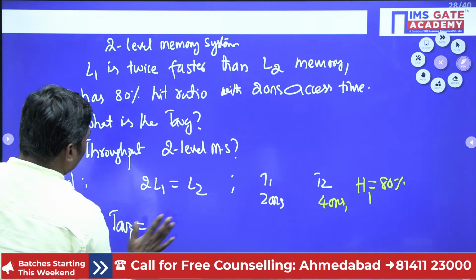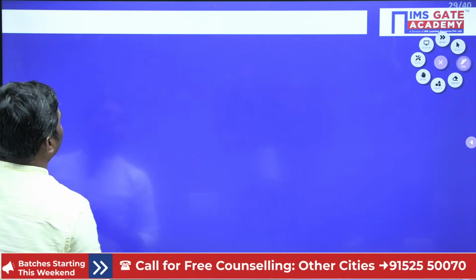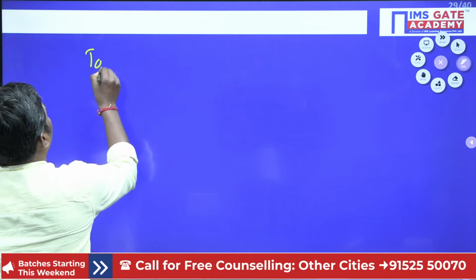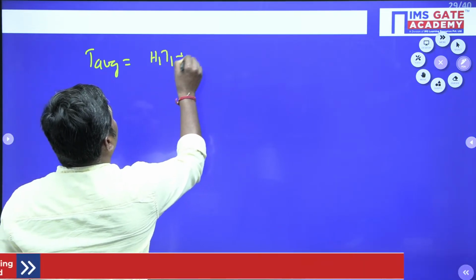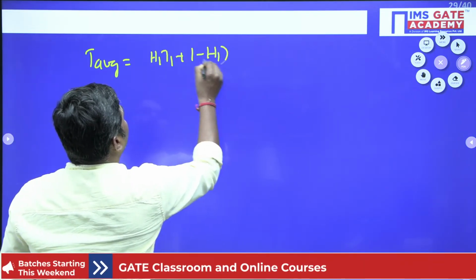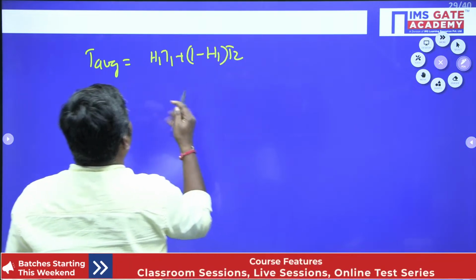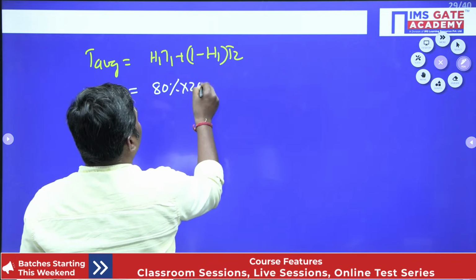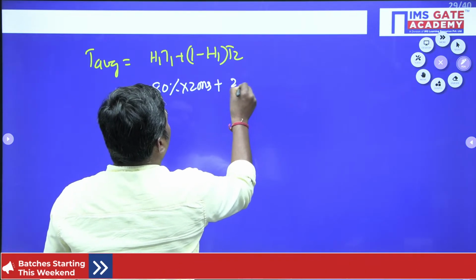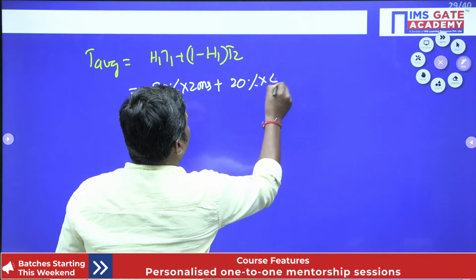So now substitute in the expression. T average access time equals H1 times T1 plus (1 minus H1) times T2. H1 is 80% into 20 nanoseconds plus 20% into 40 nanoseconds.